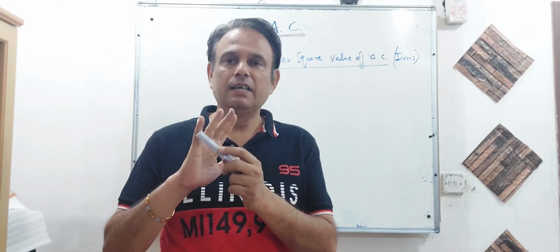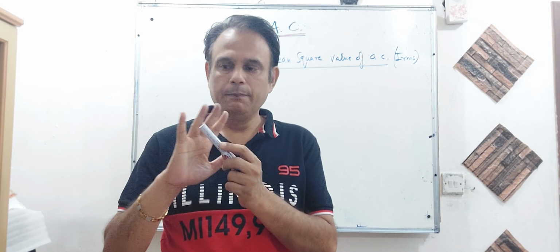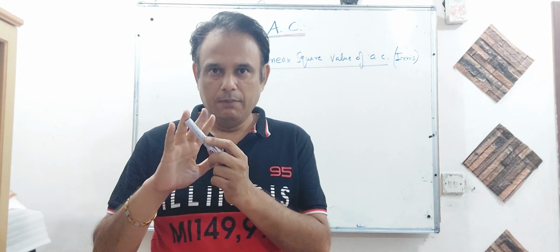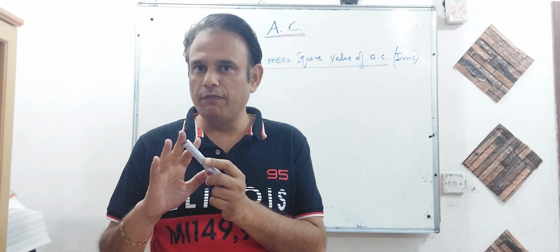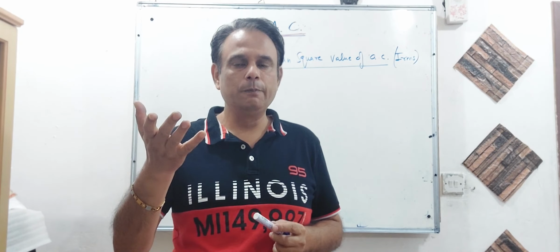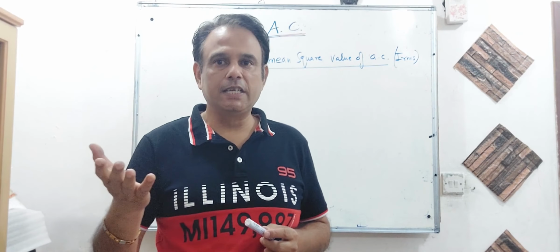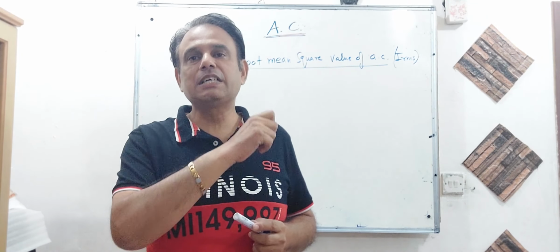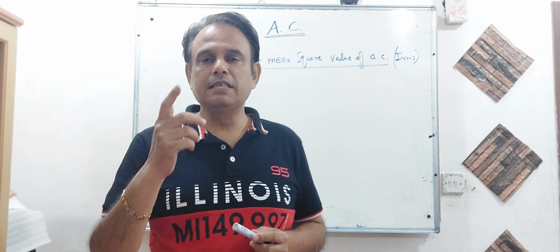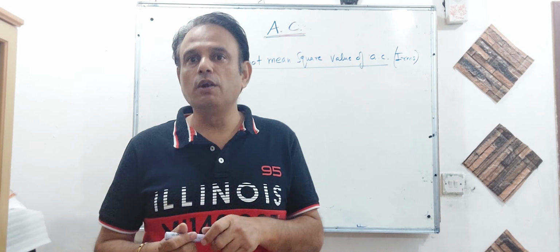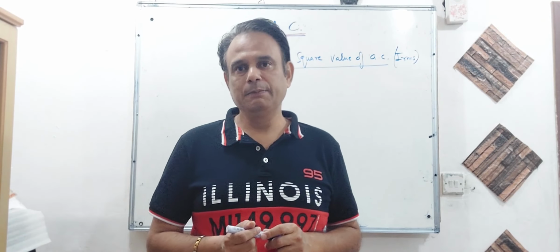Otherwise we had the instantaneous value of AC, the peak value of AC, correct? Last class we discussed the average value of AC over a complete cycle, which was 0. But for half cycle it won't be 0. And the last one we are discussing is RMS, root mean square, which is also called the virtual value of AC.